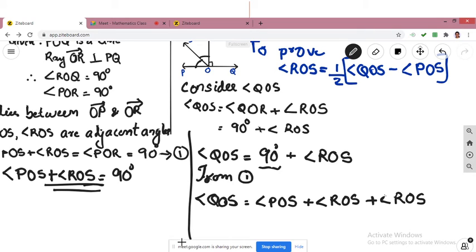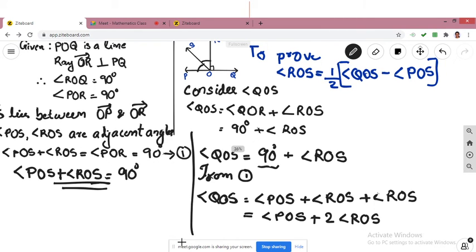So, we got that angle QOS is equal to angle POS plus angle ROS plus angle ROS. So, this is equal to angle POS plus 2 angle ROS, right? We can add these two angles, combining these two we will get 2 angle ROS.